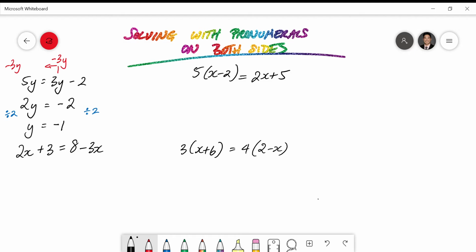Now, I want to show you that I would prefer to move the minus 3x to the left, and by doing that I want to add 3x to both sides because I want to deal with positive values, okay? So by doing that on the left, I need to do the same thing to the right.